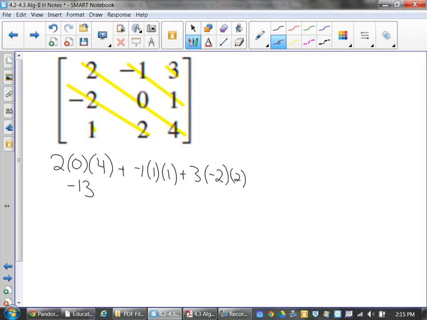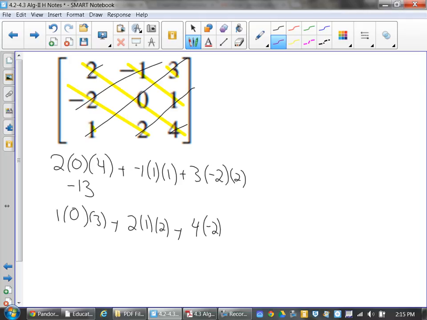Why would it be negative 0? There's a 0 in there. Oh, I wrote down the wrong thing. I wrote down the wrong numbers: 1, 0, and 3; 2, 1, and 2; 4, negative 2, negative 1.